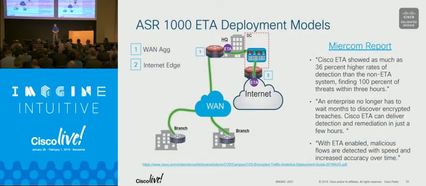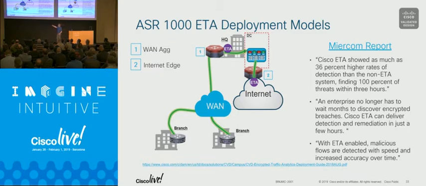So the deployment model for the ETA on the ASR 1000 is on the WAN aggregation. So the traffic coming from the branch is aggregated by the ASR 1K in the headquarters, you enable the ETA, that NetFlow, the enhanced NetFlow, on the connection to your data center. So you can capture all the client-server communication within your organization.